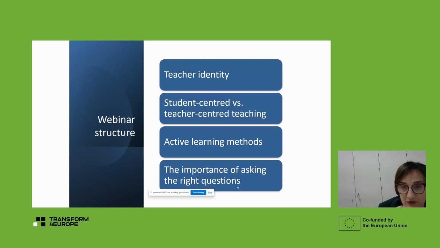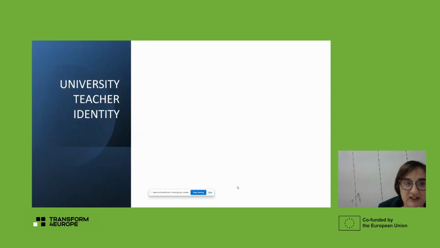And as I said, we're going to start with university teacher identity. Teacher identity in general, but especially university teacher identity. This is what we are here for. In fact, an important question which I believe every university teacher has to answer at some point is how we see ourselves as university teachers.